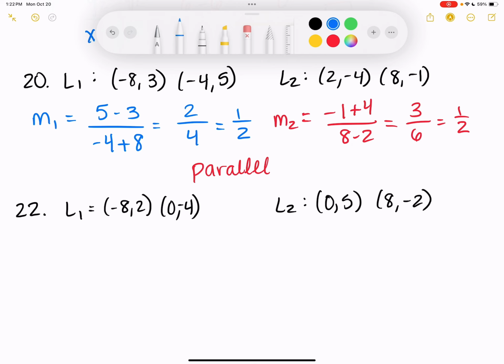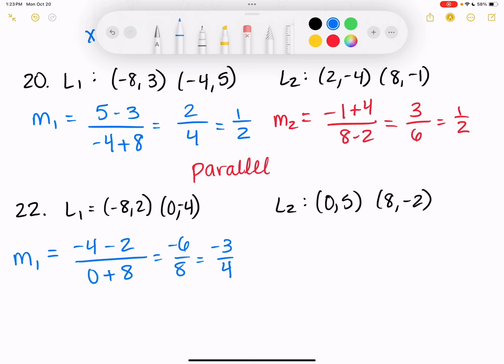So how do I set up the slope of the first line? -4 minus 2 over 0 plus 8. Yep, because it would be minus a negative, so it'll be plus. Then that gives us negative 6 over 8, which reduces to negative 3 over 4.